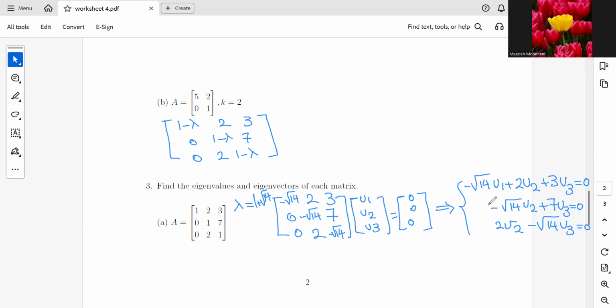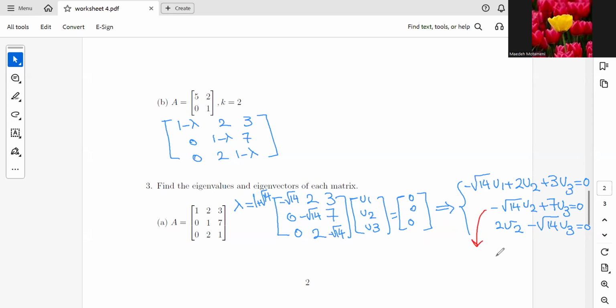If we solve them either from the first one or the second one, you would say that there is a relation between v2 and v3. So if we pick one of them, let's say we pick the second one.